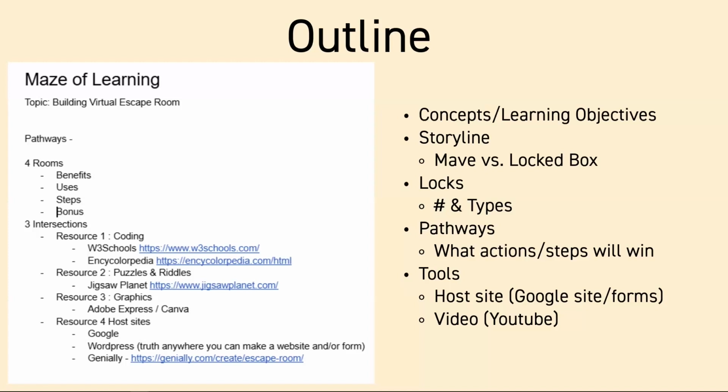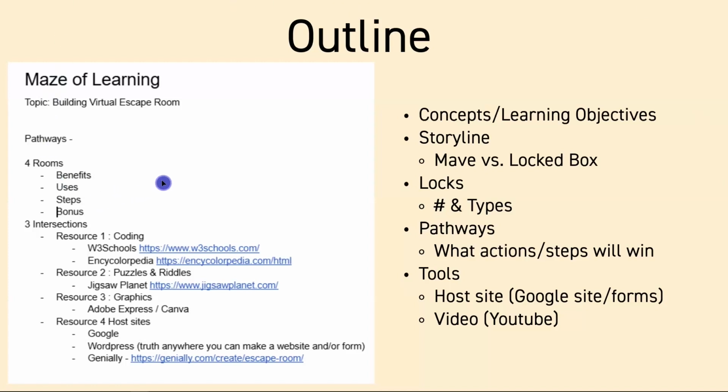I'm going to show you two examples, one of a foundation for creating a maze escape room, and then another one creating one with locks. Whichever case, you're going to create the pathways. What actions or steps do the students need to go through to get out? This could be very simple, like I have over here where it says maze of learning.